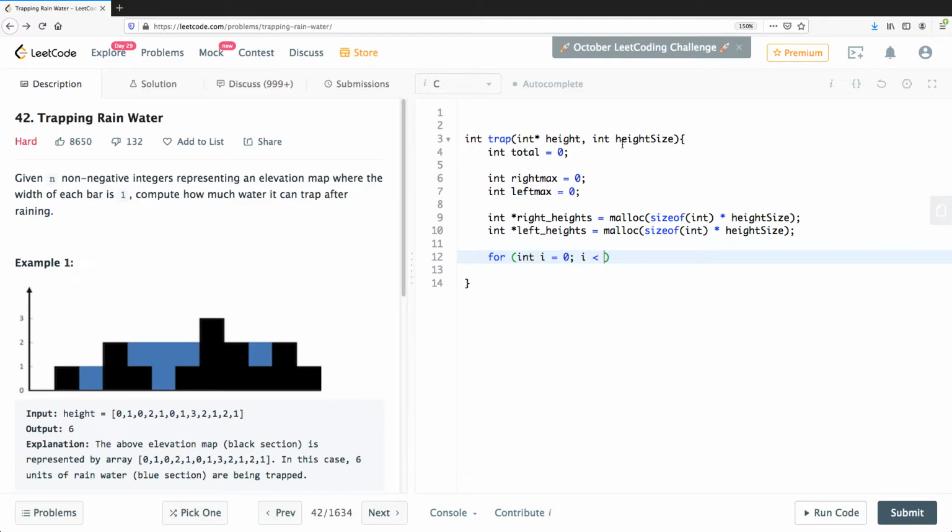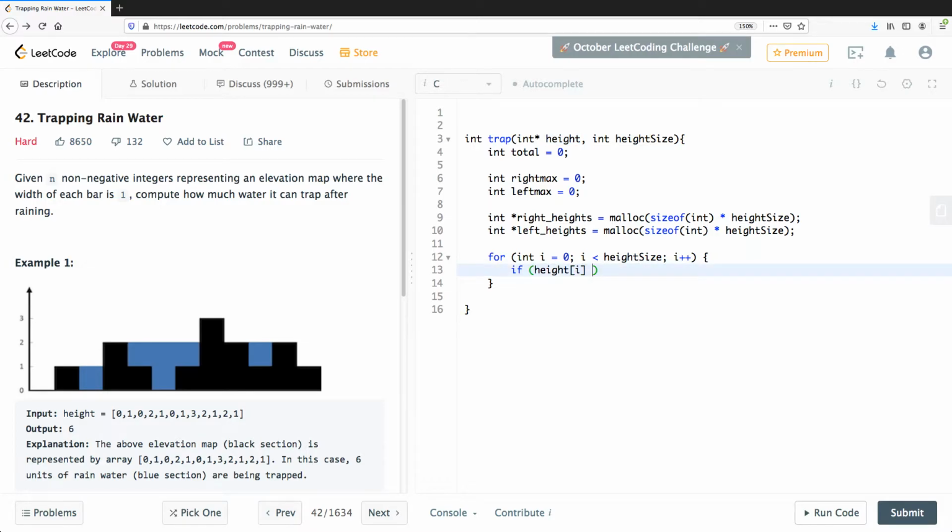We will walk the whole range of the array that is given to us, and then we say, if we see that height, by the way, it's not heights, the input array is actually known as height.